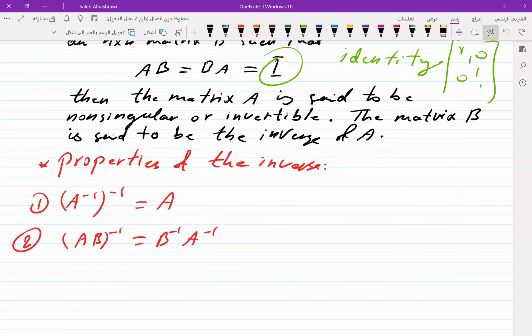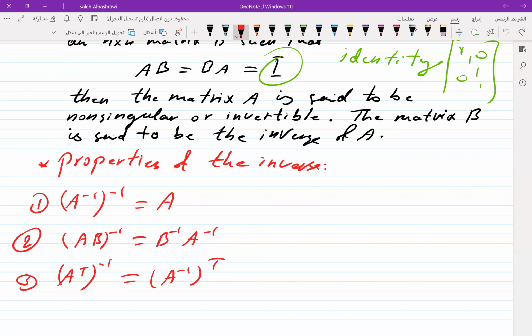Number 3, the inverse of the transpose equals the transpose of the inverse. So these are the properties of the inverse matrix.